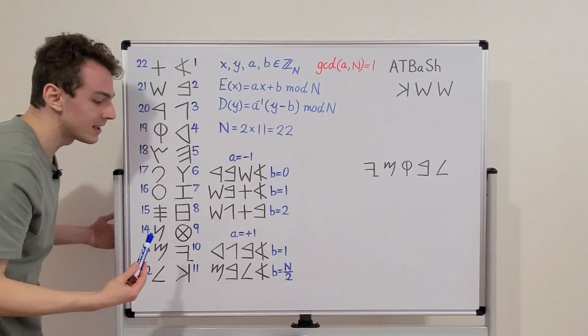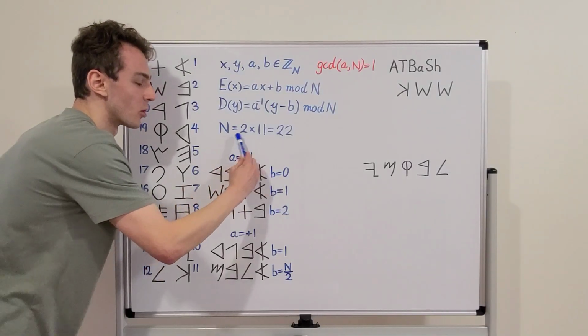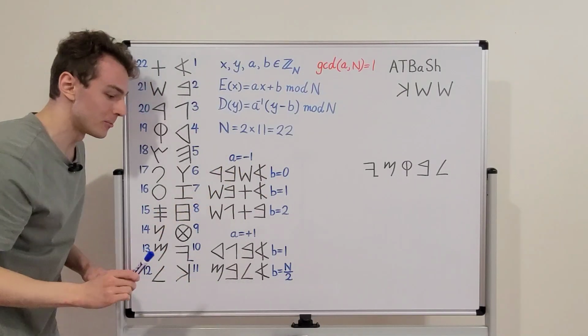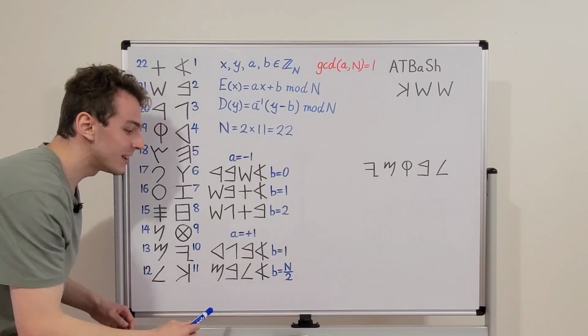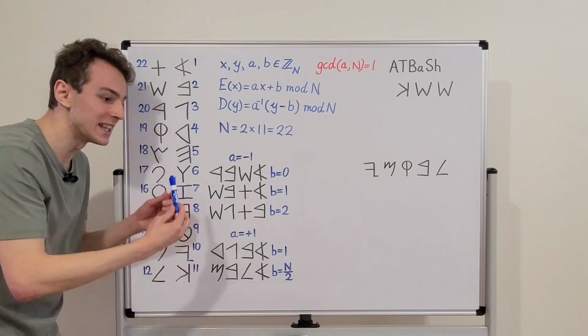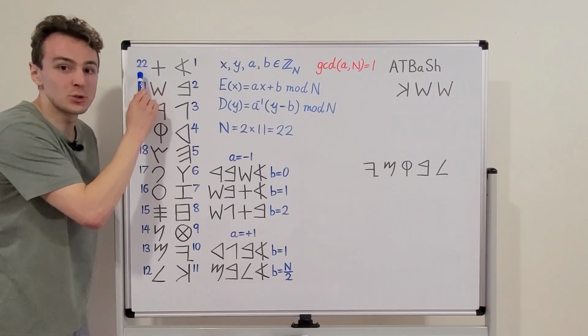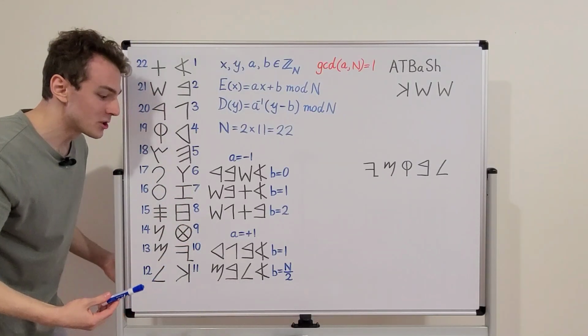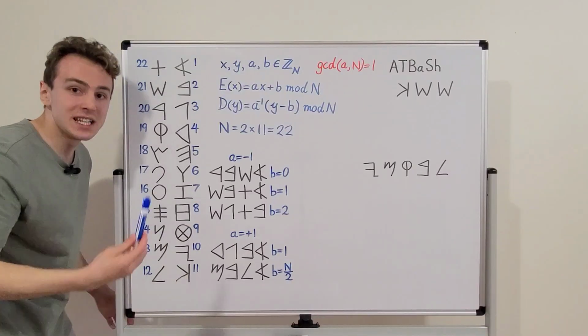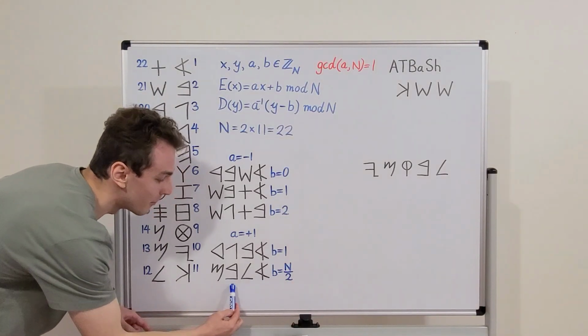That means we're adding 11. 11 is half of this modulus. Now this is very special because 11 is its own additive inverse. So 11 plus 11 is 22, and 22 is the same as 0. So that means the encryption and decryption functions are the same for this final example, Al-Bam.